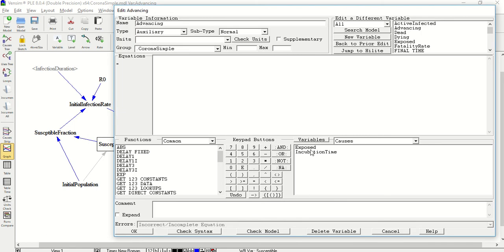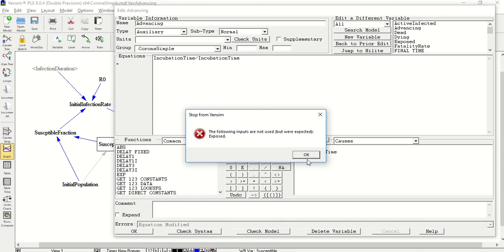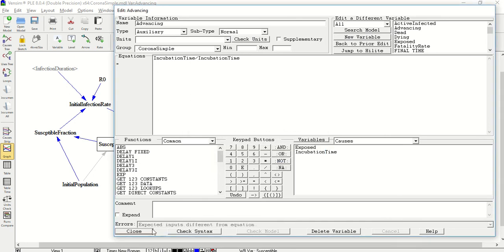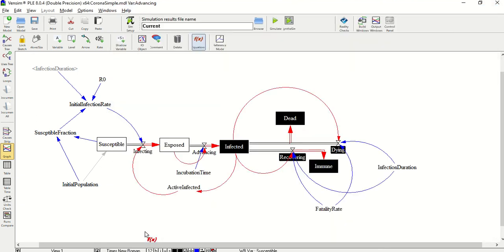Our advancing is the exposed divided by the incubation time. Oh, incubation time divided by incubation time. Sorry. Mouse follies. Exposed divided by incubation time.